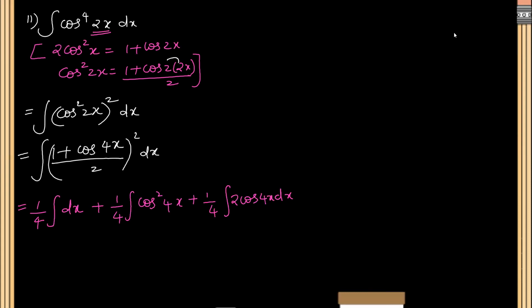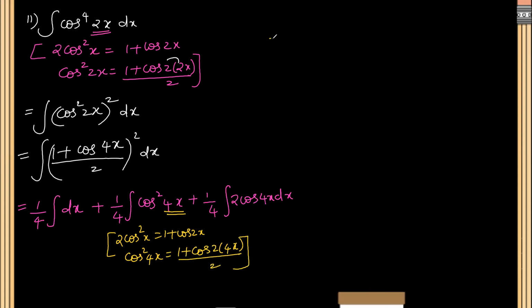Again, here we are making use of the formula: 2 cos^2 x is 1 plus cos 2x, taking 2 to the right side. Here in place of x, we have 4x. So cos^2 4x becomes (1 plus cos 2 into 4x) by 2.